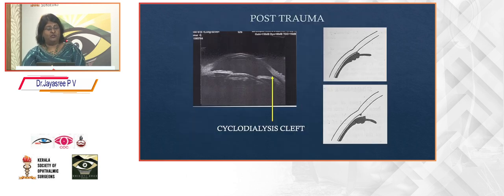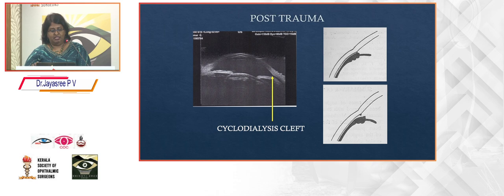It is important to identify the cyclodialysis cleft. The anterior portion is possible to see in ASOCT. If you move the eye and take the ASOCT, you can see some extent of the cyclodialysis cleft. But it is important to do the UBM, because it is very important to identify the extent of the cleft, and also to see the effusion, the fluid that is there.